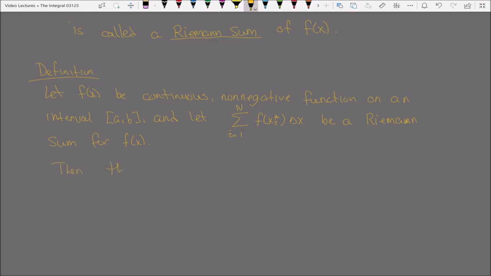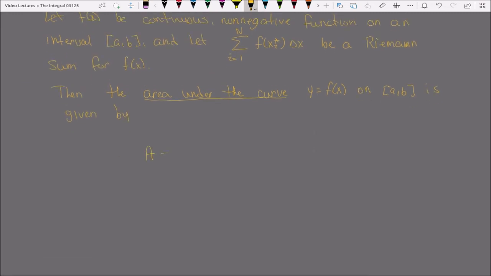Then the area under the curve y equals f of x on ab is given by A equals the limit as n goes to infinity of that Riemann sum.